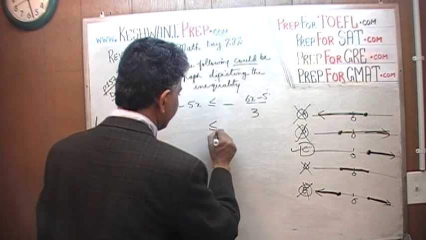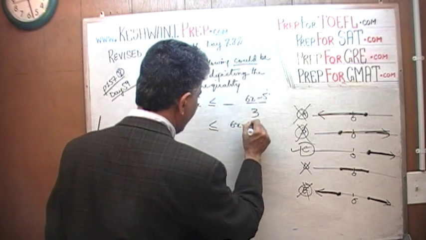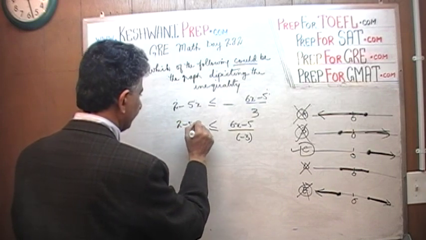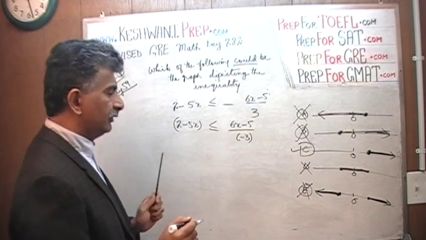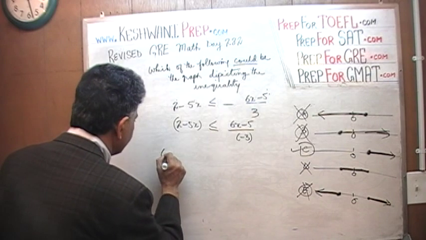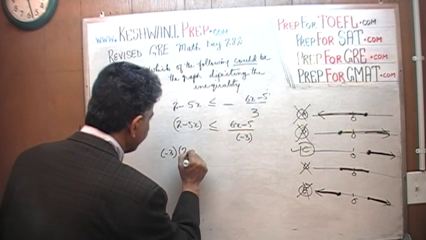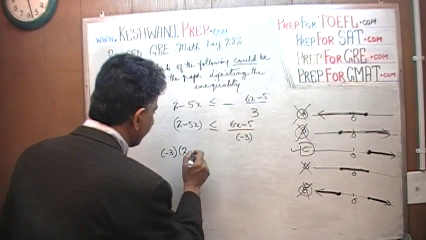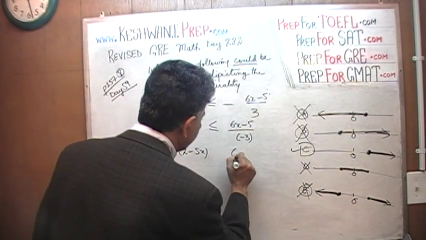So we could write this as it's less than or equal to 6x minus 5 over negative 3. And then multiply both sides by negative 3. Multiply this side by negative 3.